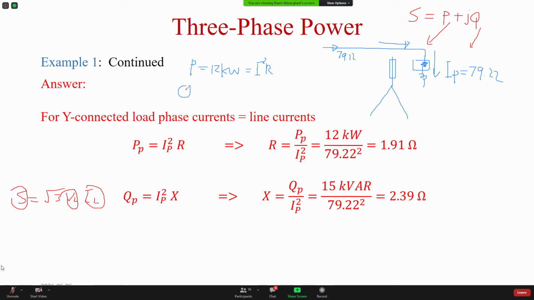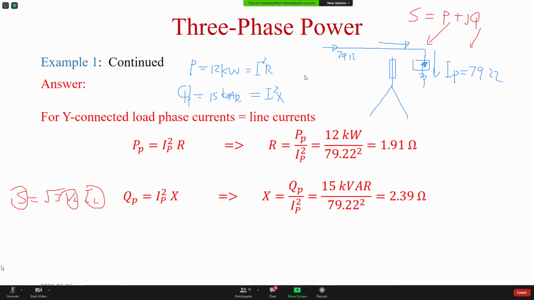And I know Q per phase is given to me, 12 kilovolt ampere reactive, and it equals I squared X. I have I and I have Q, I can find X, just rearrange.